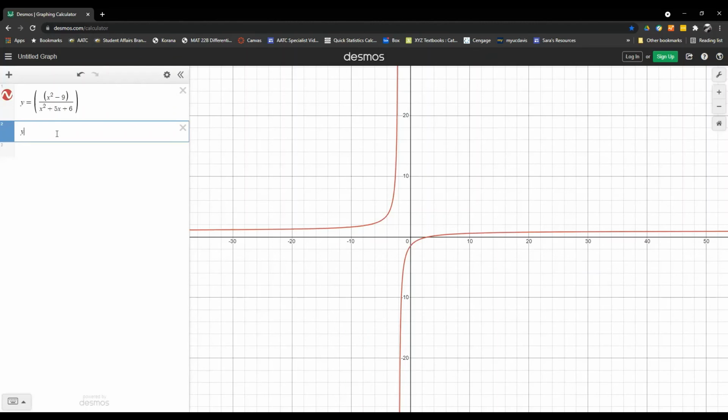Now let's say that you typed into Desmos the factored version, and we put in x minus 3 divided by x plus 3. Oh wait, is that what it was? X plus 2. You will notice that those two graphs line up perfectly. So they are equivalent, except for that hole that Desmos is not going to show us.